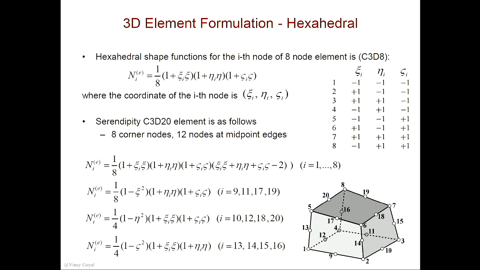And then you have 9, 11, 17, 19, which are for these edges here, the ones at the bottom. Then you have another set of shape functions that look like 10, 12, 18, and 20. Those are for the other cross-section, and then these ones are for the next cross-section. So this is a very, very expensive element. We're talking about 60 degrees of freedom per element, but it's very accurate. You can't get more accurate than that.